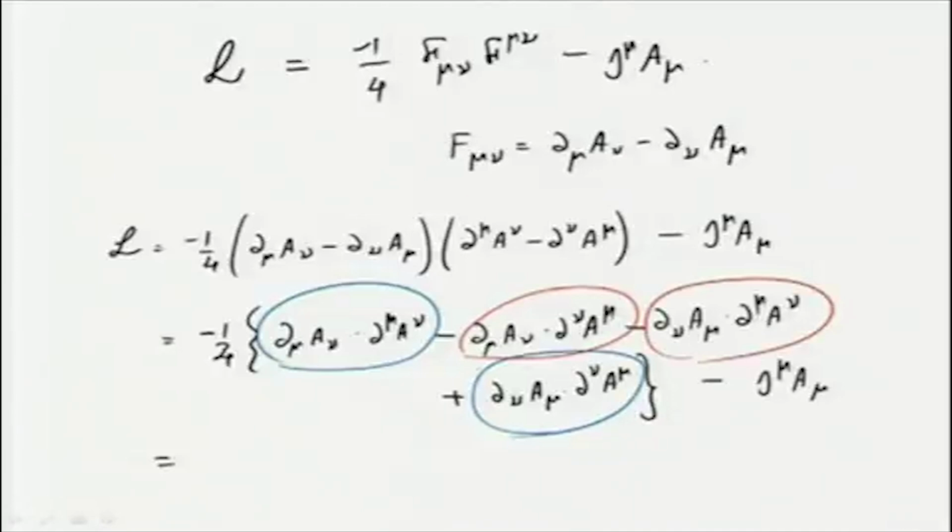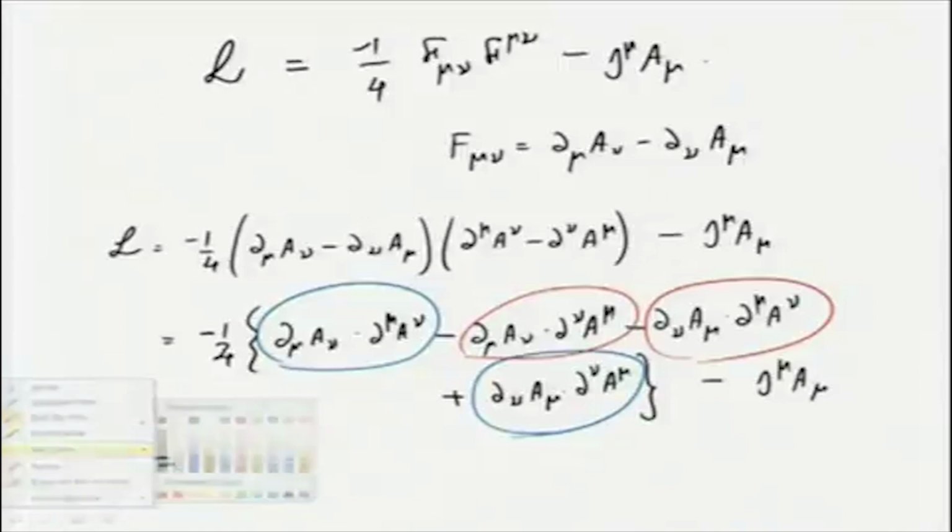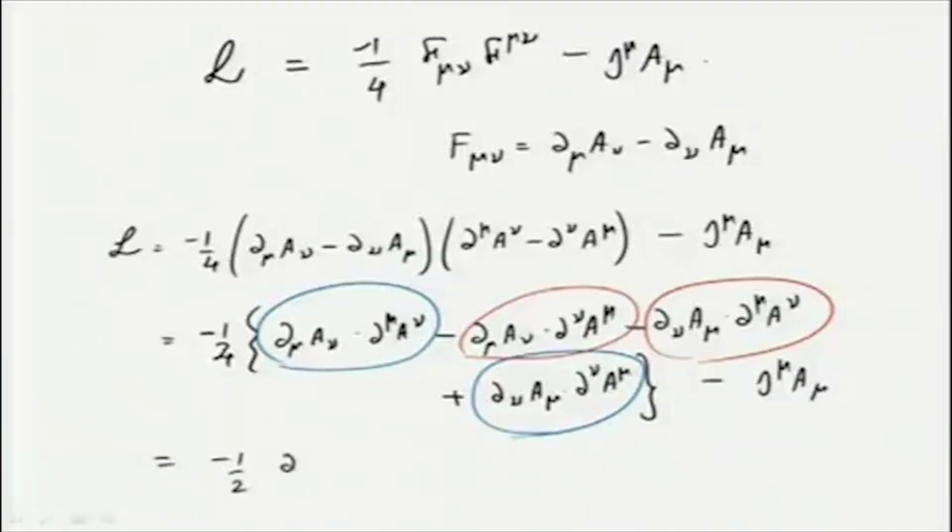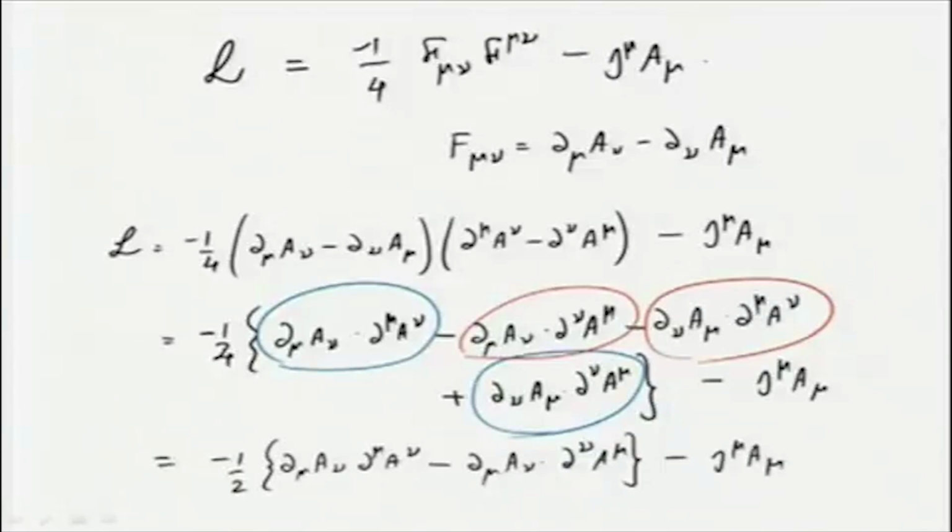So, they also add up. Together you have minus 1 over 2 dou mu A nu dou mu A nu minus dou mu A nu dou nu A mu, minus J mu A mu. So, that is your Lagrangian density in terms of the potential and the derivative of the potential as well.